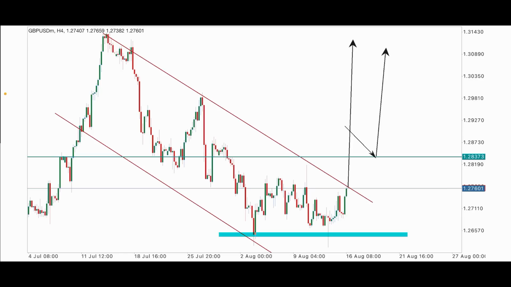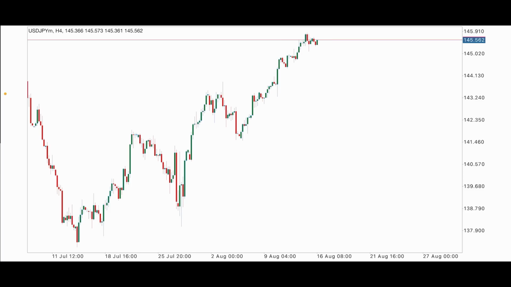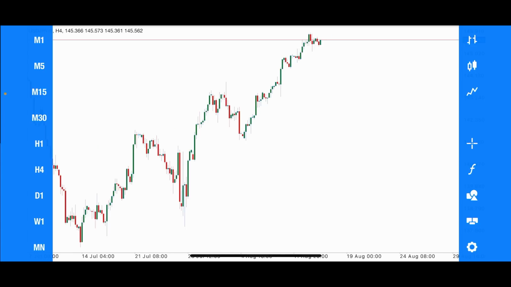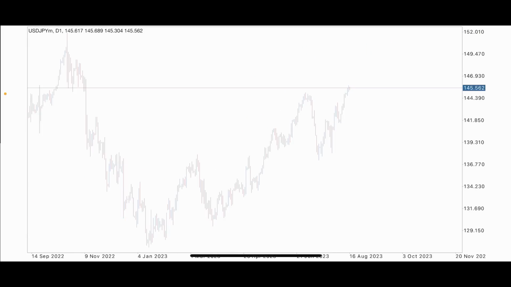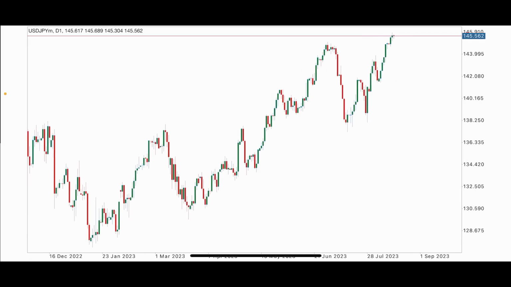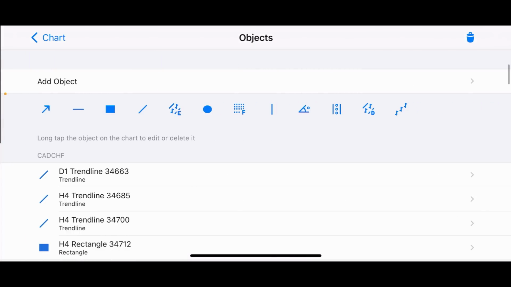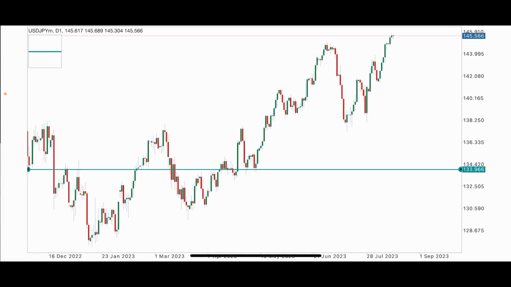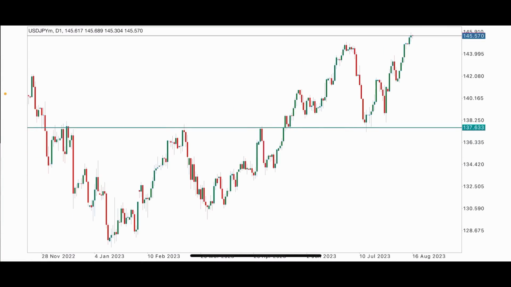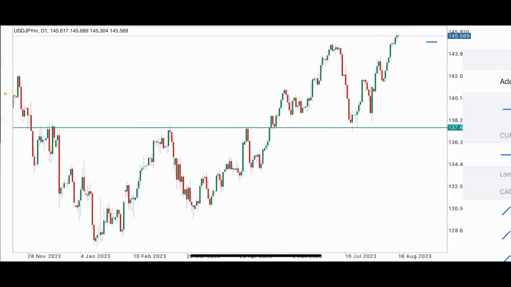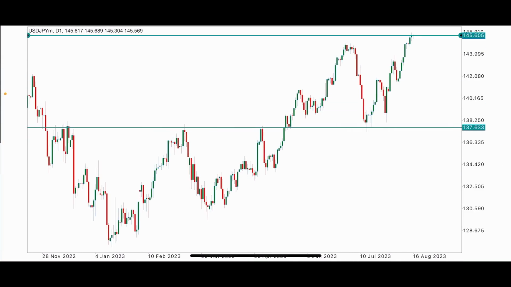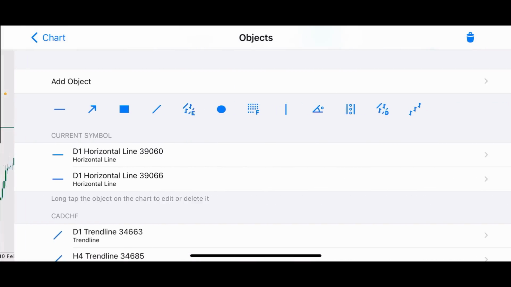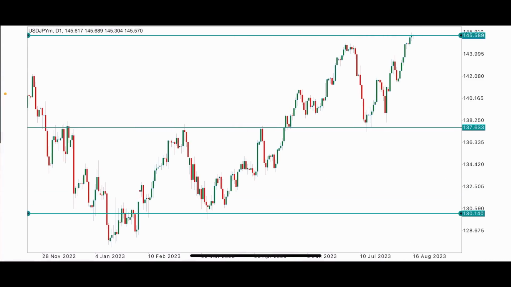Let me do another pair for you. USDJPY. When we're looking at 4 hours right now, you can see that it's at its highest high. You remember the last video I said we're looking for strong buys from USDJPY. In simple terms, if USDJPY is buying like this, that means XAUUSD is selling.